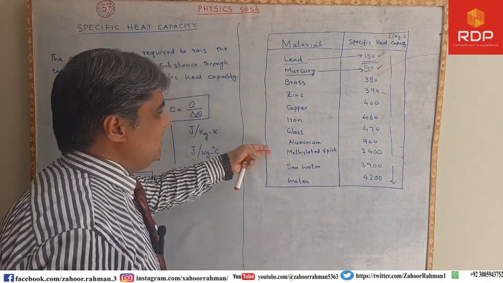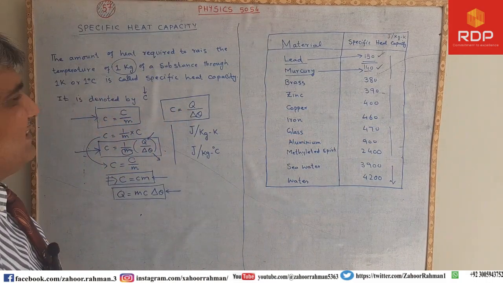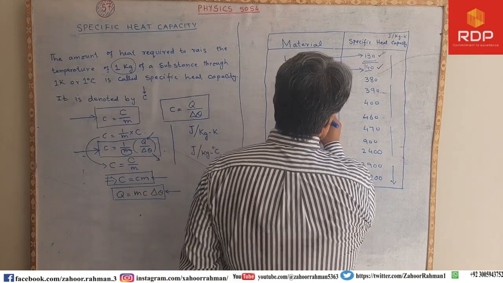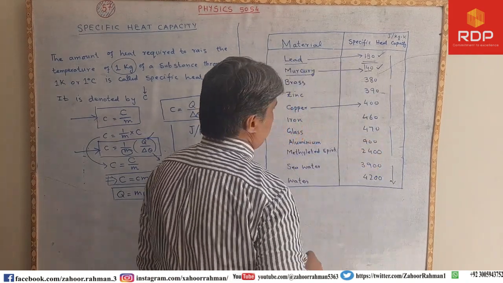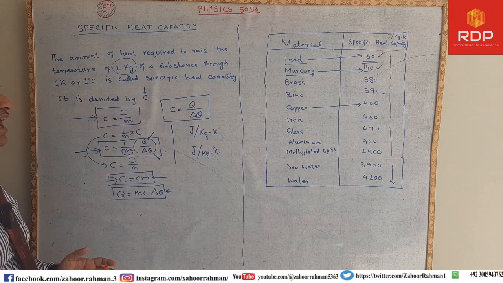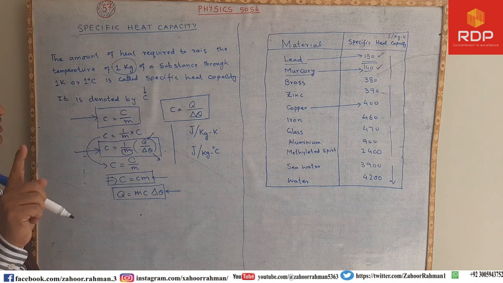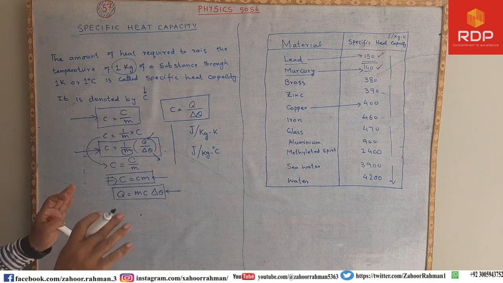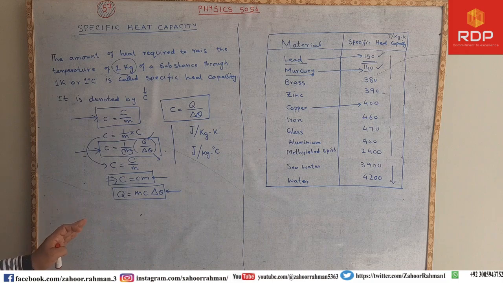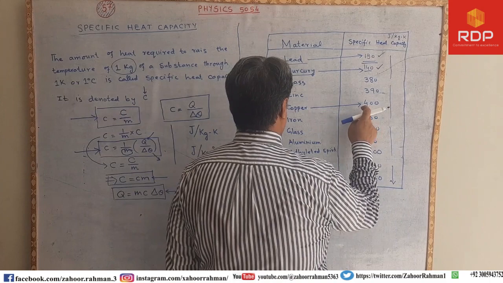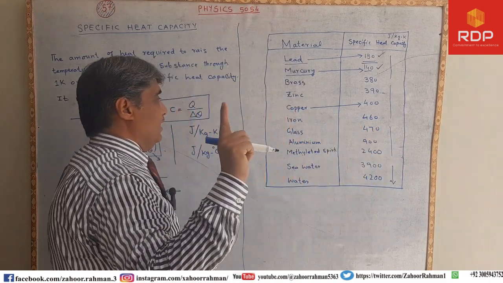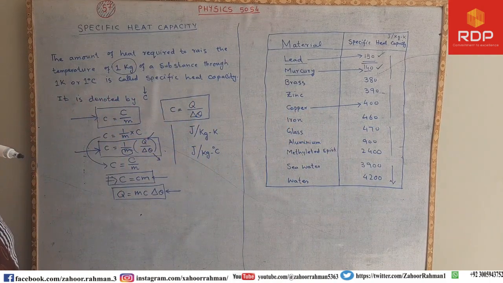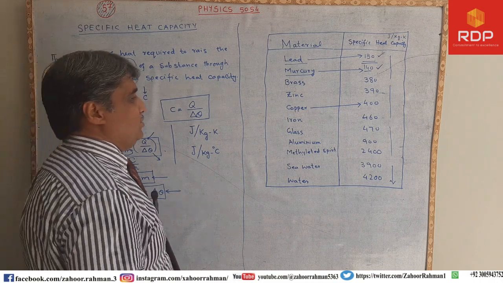So these things are given that if we are taking copper, it means that 400 joule of energy is required for 1 kilogram of copper to be completely filled with the energy. Heat is a form of energy. So 400 joule is required to raise the temperature of copper by 1 unit. Might be it is Kelvin or degree Celsius. So I am saying generally the unit.